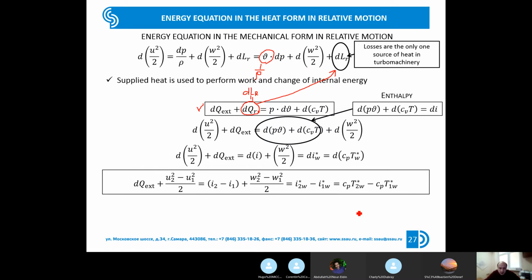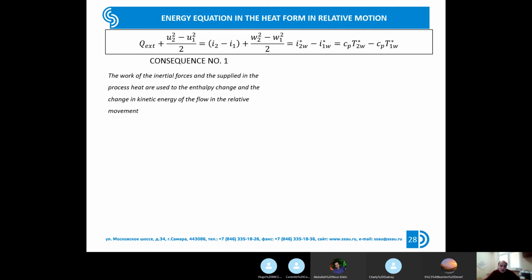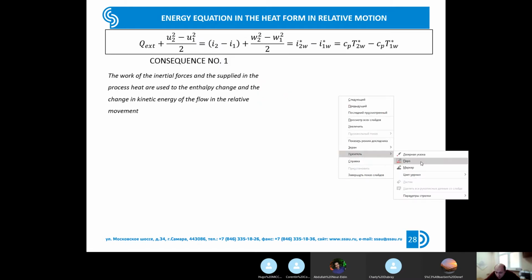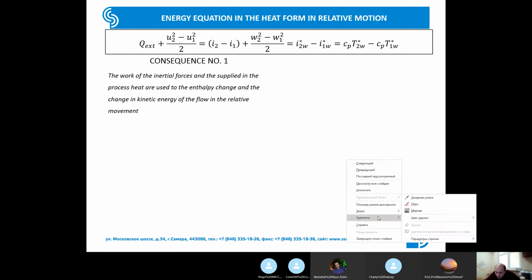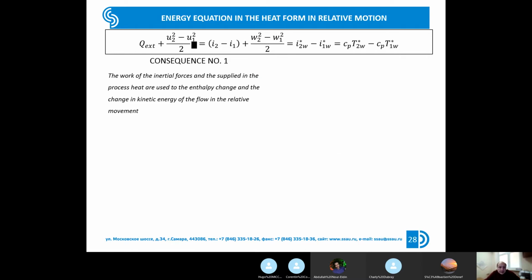Of course, it is much more interesting for us to receive conclusions dealing with the working process of the turbomachinery. So, first of all, let's try to carefully read this equation, and first of all, let's try to understand the physical meaning which lies inside this equation.